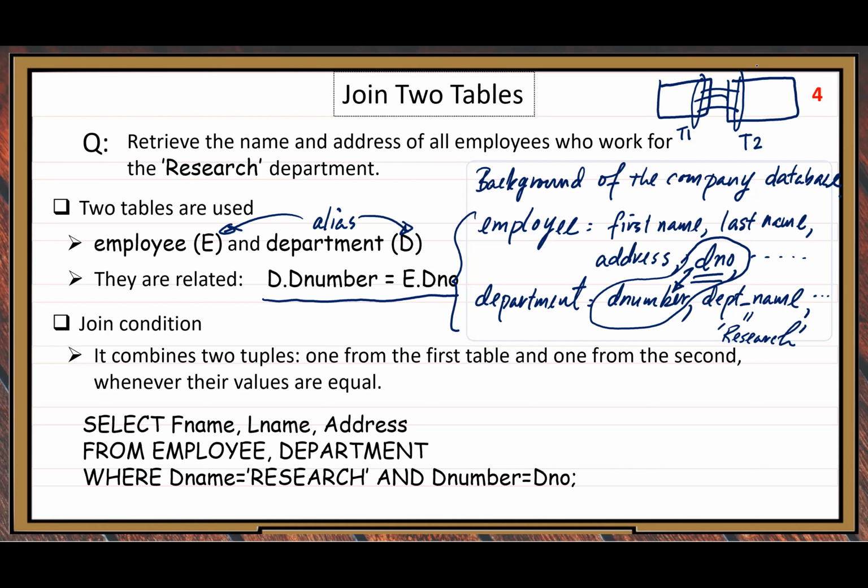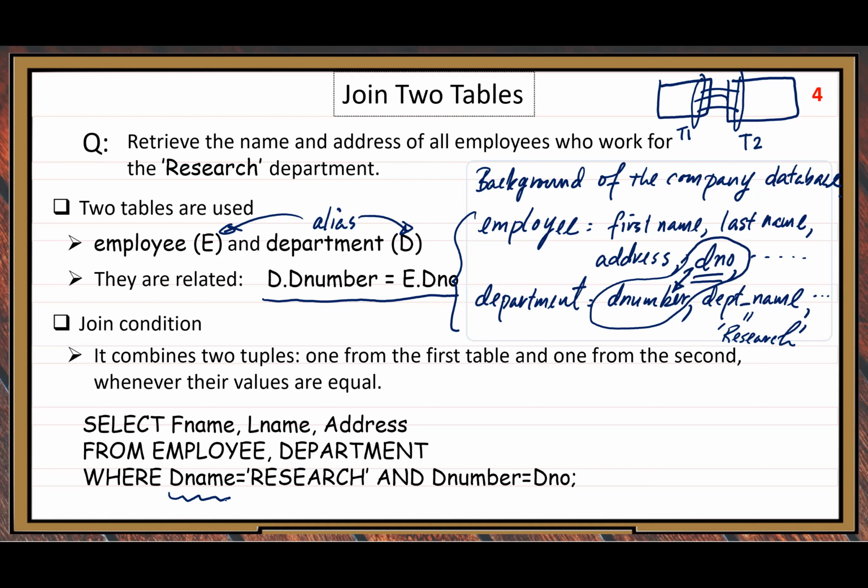Because this D name only appears once in one of the 2 tables, the DBMS will not be confused. So for that reason, we do not need to use an alias. No confusion here.